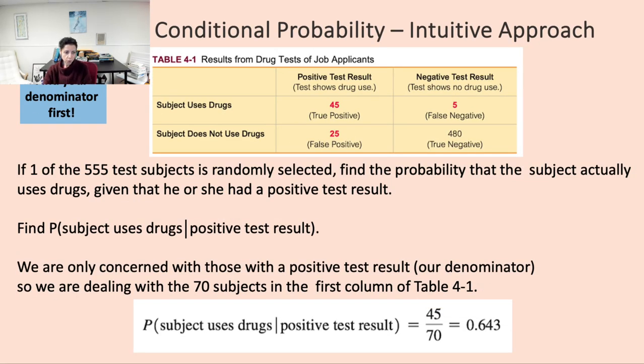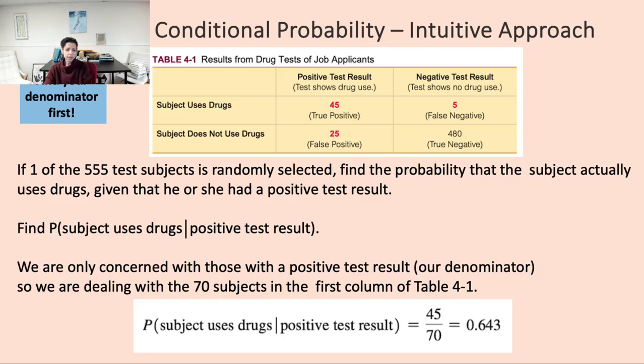Let's do another one. Now let's ask the question a little differently. So if one of the 550 test subjects were randomly selected, find the probability that the subject actually used drugs given that they tested positive. So we're flipping it around. So now this is, of the people who test positive, how many actually use drugs?